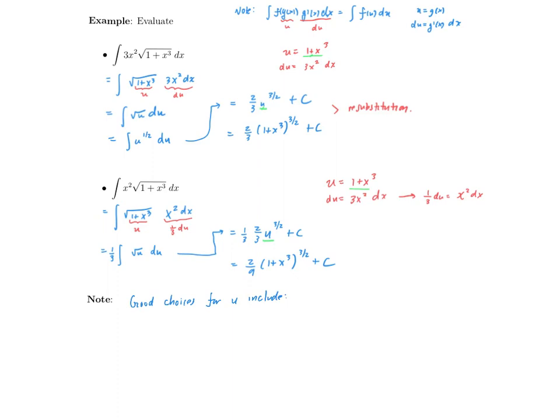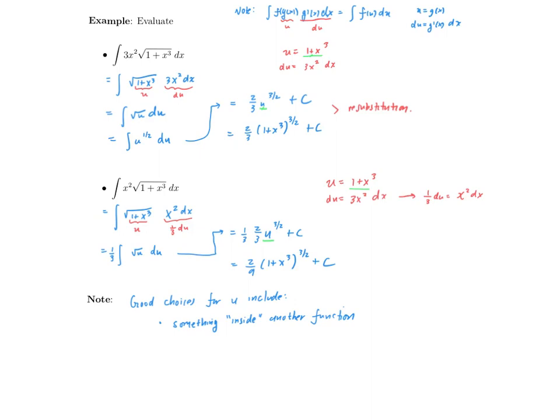include the following. So the first and foremost is you want to pick u to be something inside another function. And when you are choosing your u, remember there is never any guarantee that something will work just because it's inside another function, but that's an indicator of a choice for u that we might try.